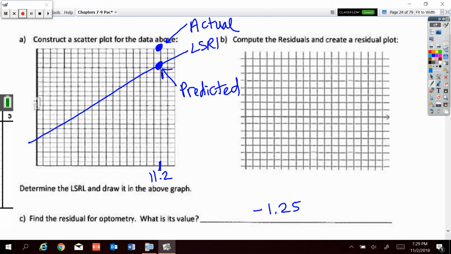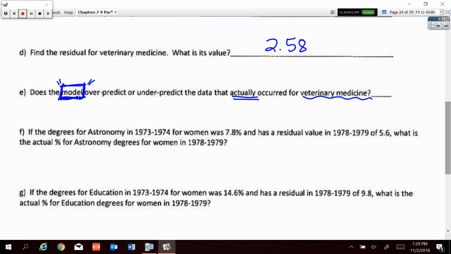I hope that you can see that because your actual is higher, the model is under-predicting what actually occurred. So we want to write that out.